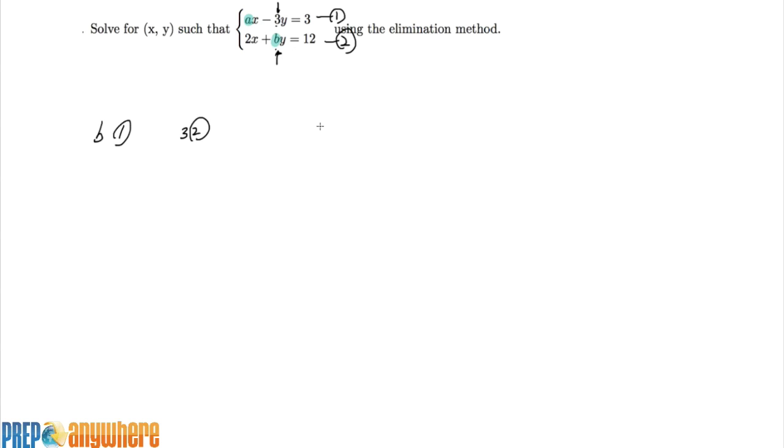Then we get abx minus 3by equals 3b. Equation 2, you get 6x plus 3by, and 3 times 12 is 36.